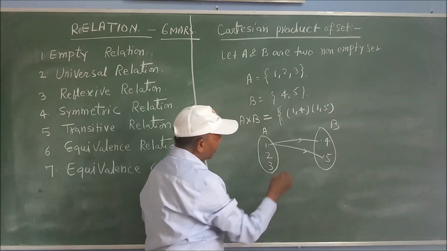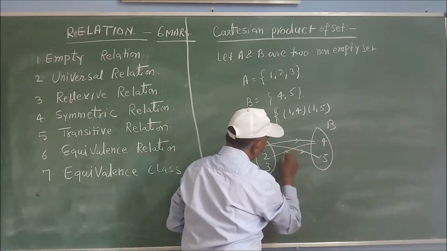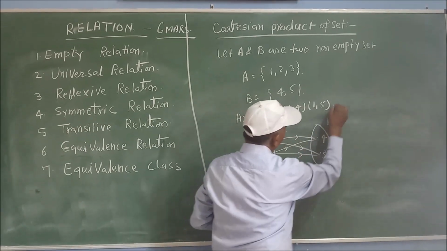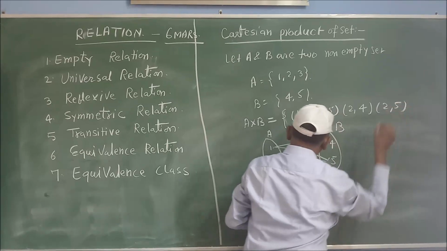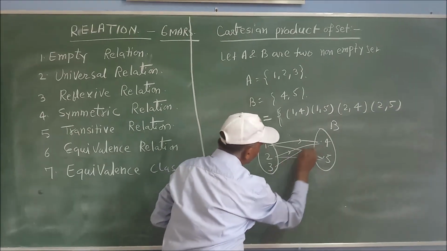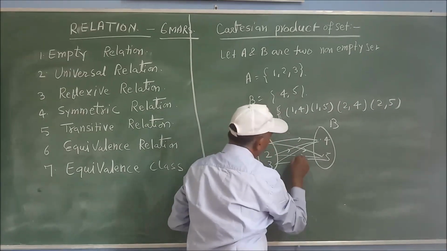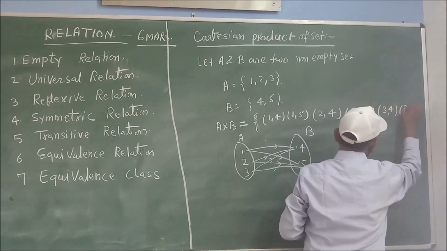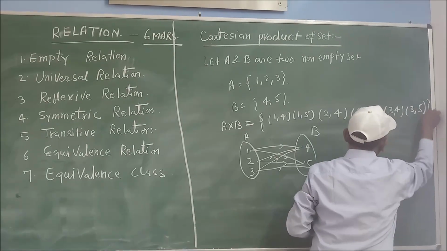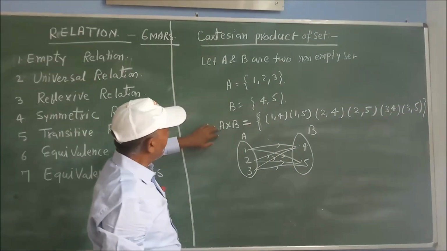Second element of A is 2: (2,4), (2,5). Third element of A is 3: (3,4), (3,5). So we have calculated A cross B.